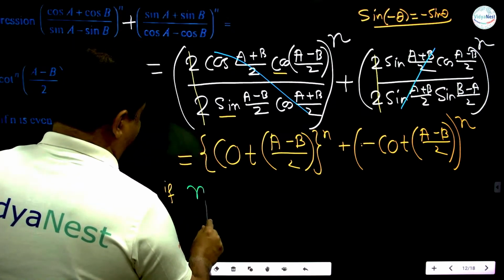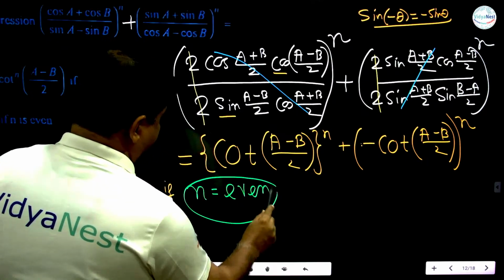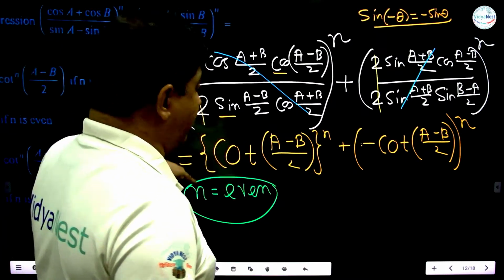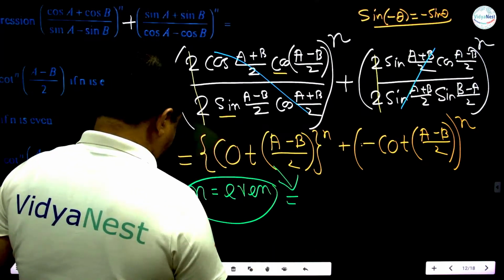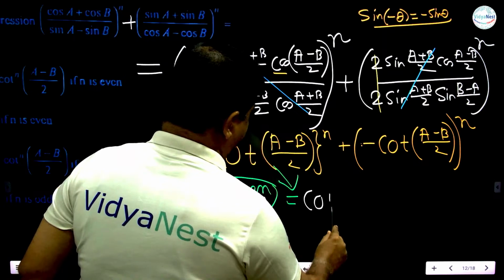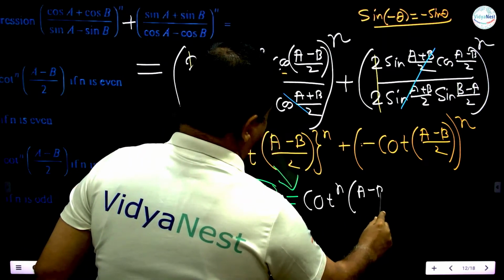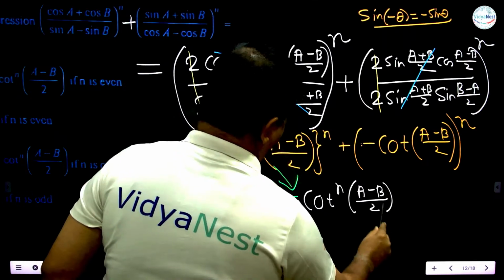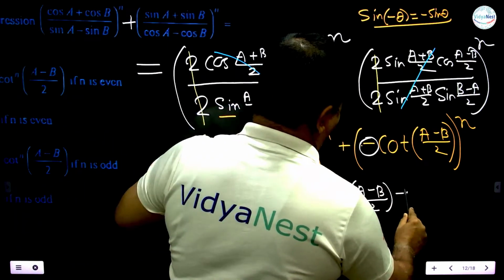n is even, this thing will remain same, this part will remain same, and in this part minus will be absorbed.